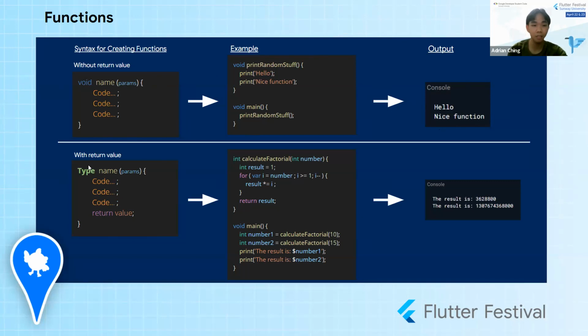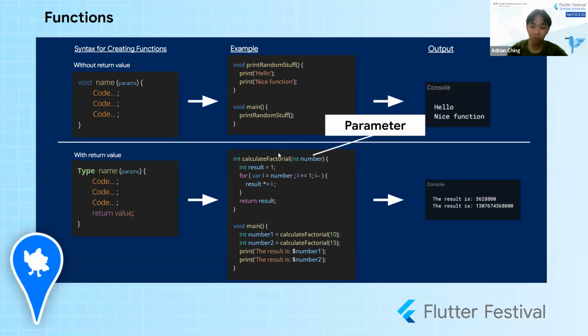As for this return value function, this one is a little bit complicated. So now it can return a value. Let's say I need to start explaining parameters first. So this is a parameter, as you can see, but a parameter is basically like a variable but without an actual value yet.